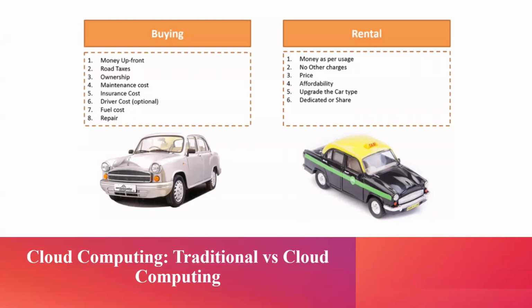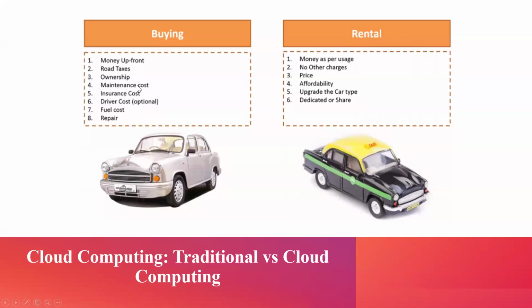When you purchase a car, okay. If you go for rental, like Ola, Uber, Grab. When you go to foreign countries, Grab is also one of the famous apps. So when you go for rental like Ola, Uber, Grab, it is money as per usage. You will pay only for how much you are using. No other charges. Are you going to pay the road tax?